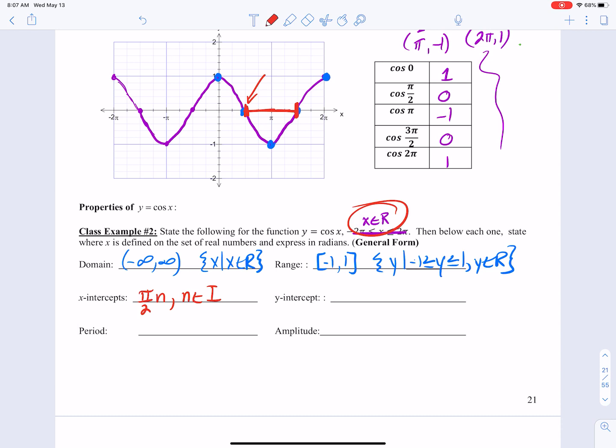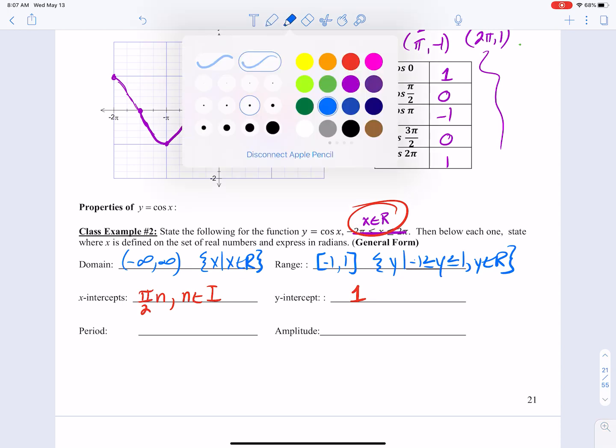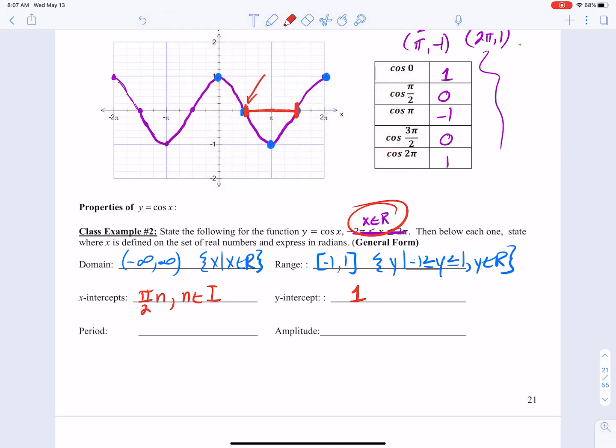My y-intercept is different than that of sine because it's shifted. It's 1, but the period is the same. If we take a look at this graph, we can see that it repeats after that.